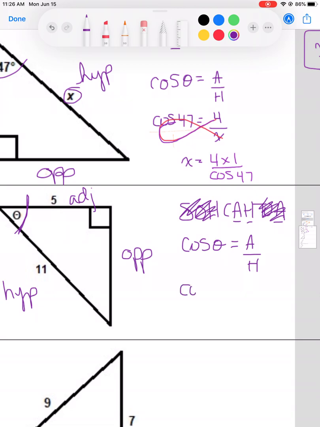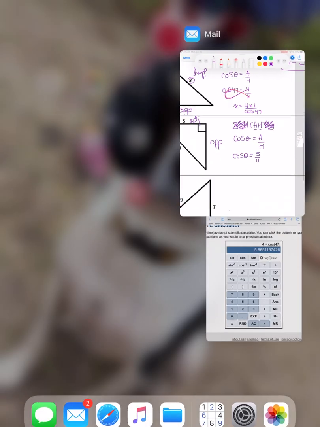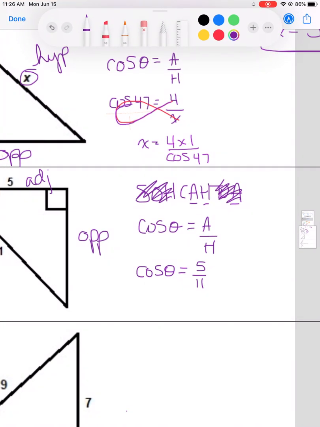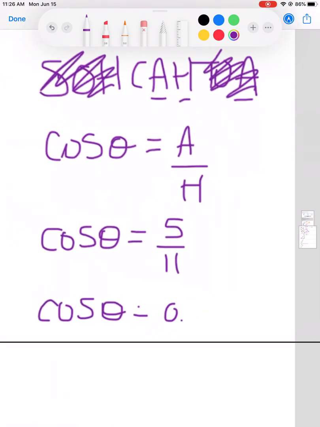So I'm going to set up cos is equal to adjacent over hypotenuse. We don't know our angle. So cos theta is equal to 5 over 11. So I'm going to do 5 divided by 11. So 0.454545. Cos theta is 0.4545. Okay? Because we need to solve for theta, I need to get rid of this.